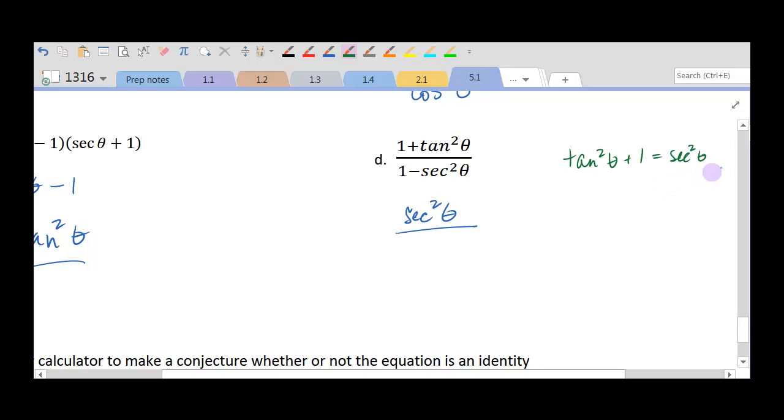If I subtract 1 to the other side, that leaves me with tan squared theta is equal to secant squared minus 1. Now, secant squared theta minus 1 and what's showing up here in the denominator are so close that you want to use it, but you can't, because here I have a negative 1 and up here I have a positive 1.